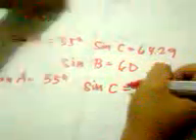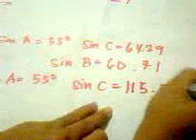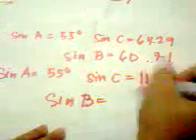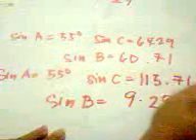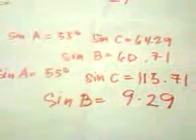And if angle A has a value of 55 and angle C has a value of 115.71, angle B will become 9.29.